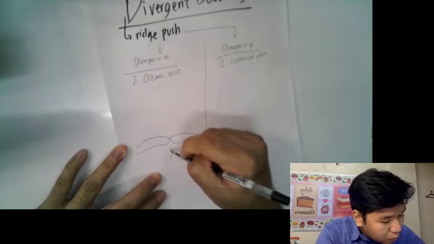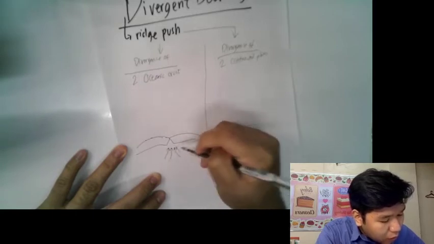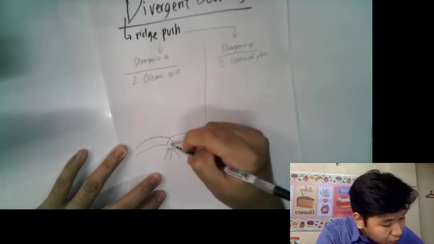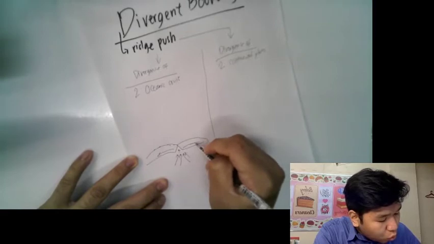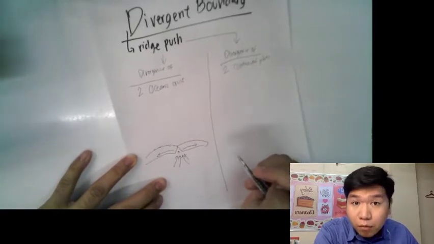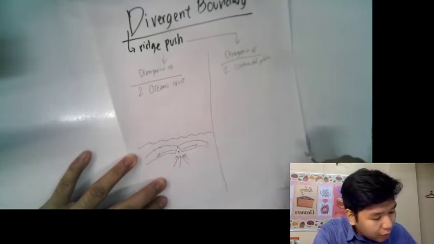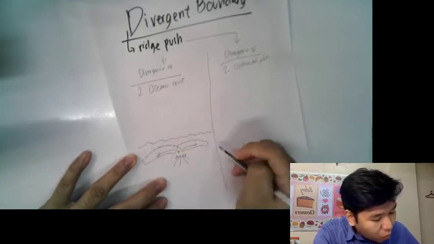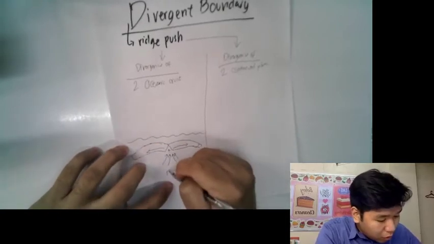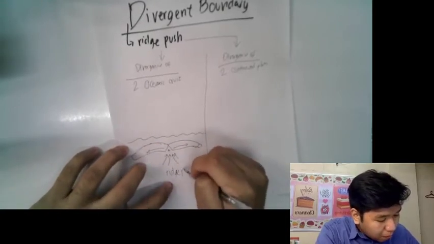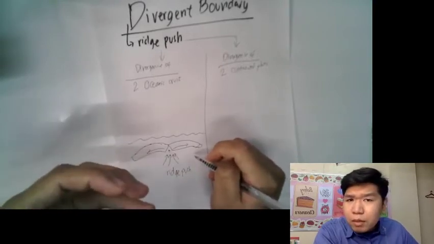The ridge push coming from the mantle, from the convection currents, and the asthenosphere is going to push up, and push these two plates away from each other. Let's put some water over there. That is why these two plates are going away from each other, because of ridge push.